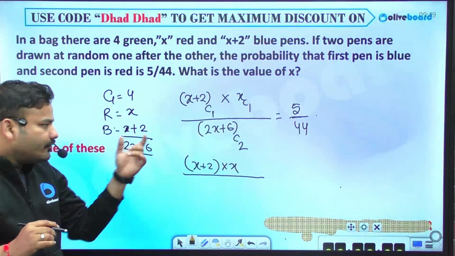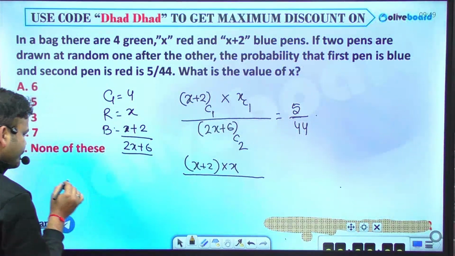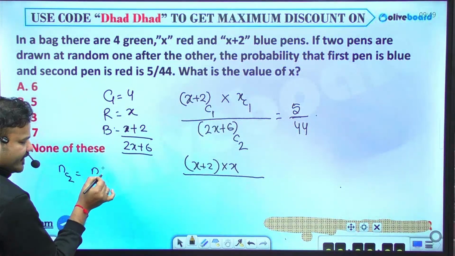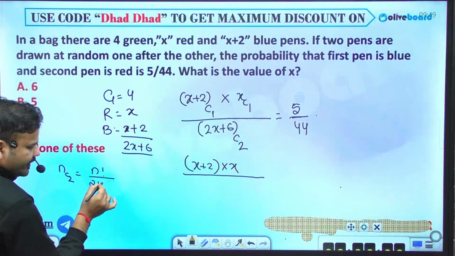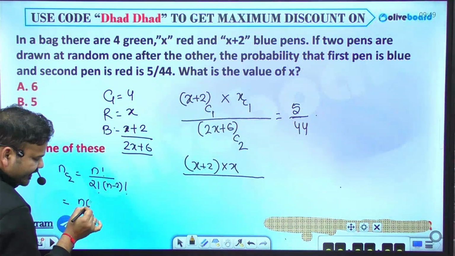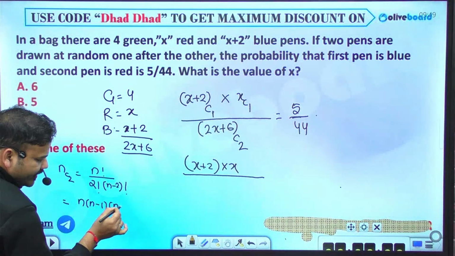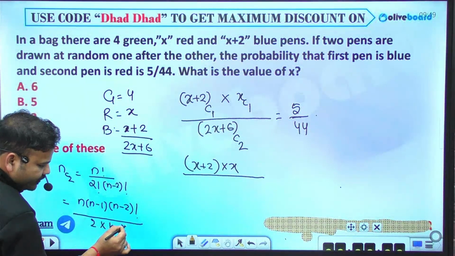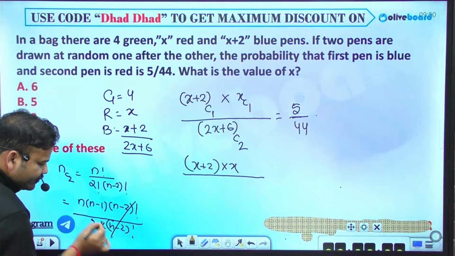How do we solve this? What is the value of nC2? nC2 will be written as n factorial by 2 factorial into n minus 2 factorial. So this will be n into n minus 1 into n minus 2 factorial upon 2 into n minus 2 factorial. So this will be eliminated. So n into n minus 1 by 2.